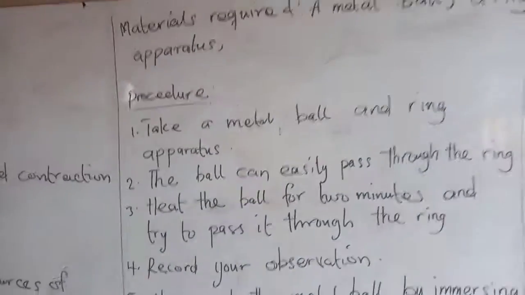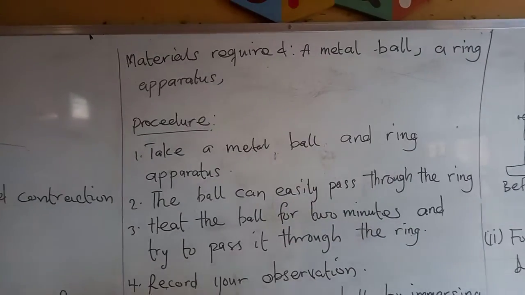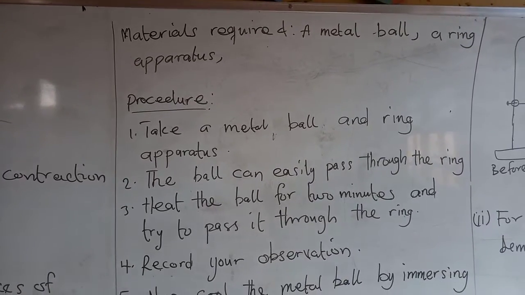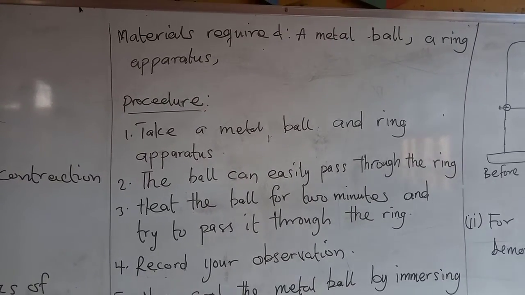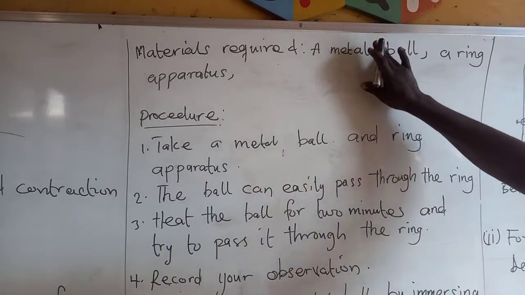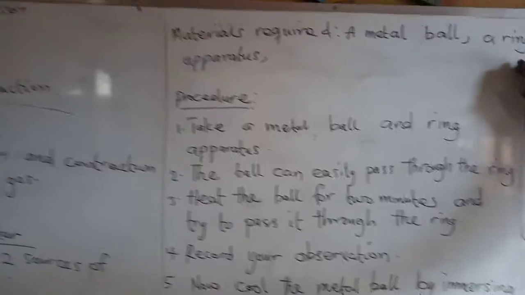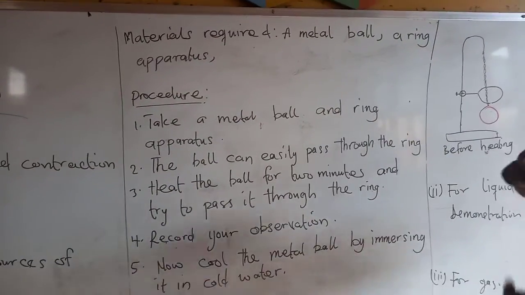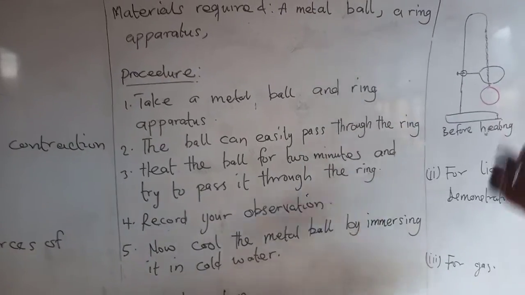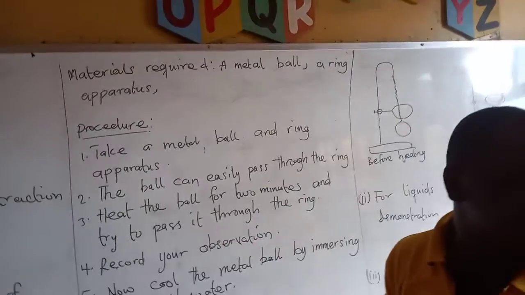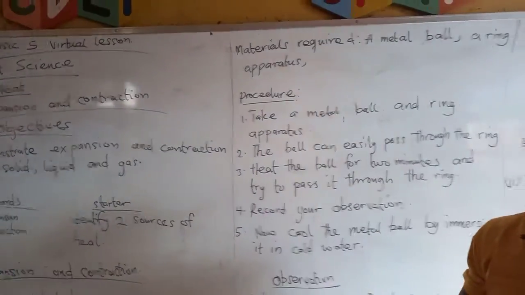Now, materials required: a metal ball, and also a ring apparatus. A ring apparatus is anything you get, a ring that you can get something to hold it, like nowadays, when you look at a bucket, what you are using, you can use that.